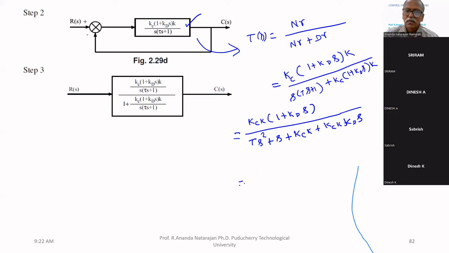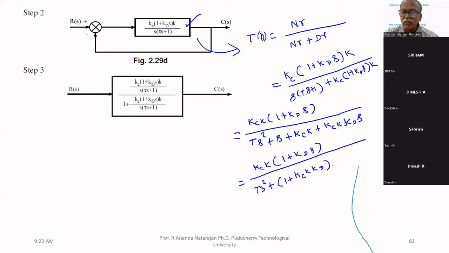If you group S together, what will you get? KcK(1 + KD S) upon tau S square plus (1 + KcK KD) S plus KcK.